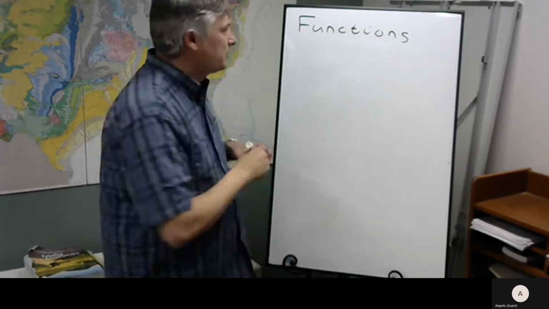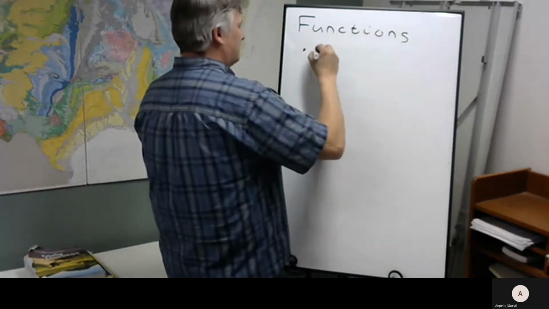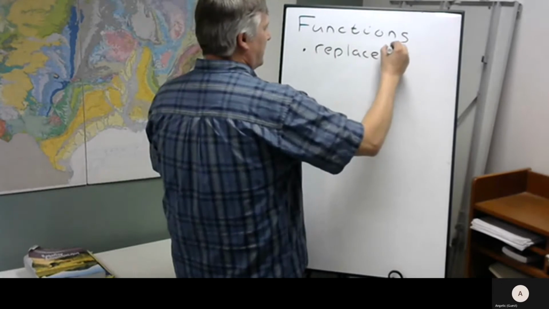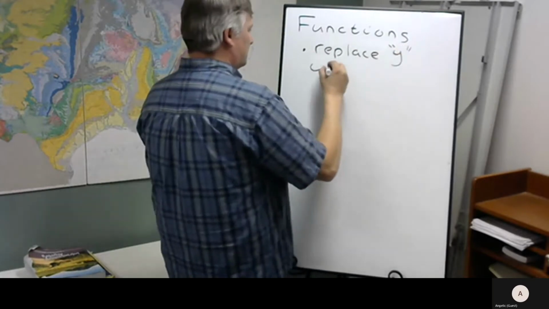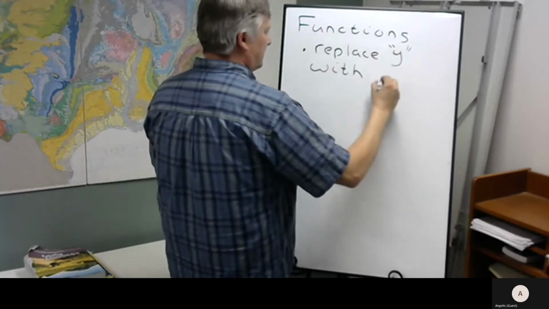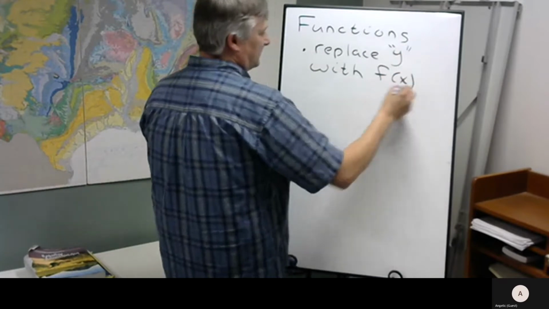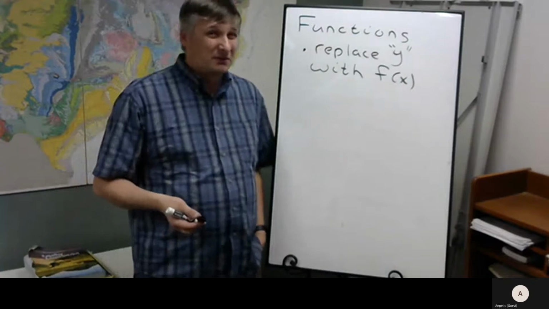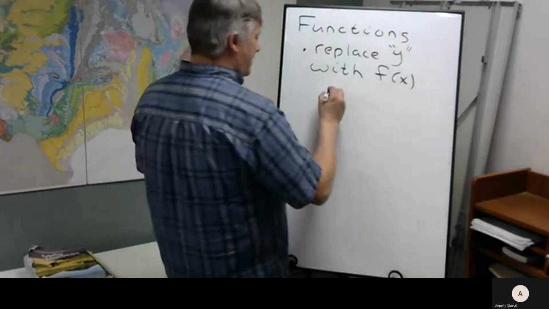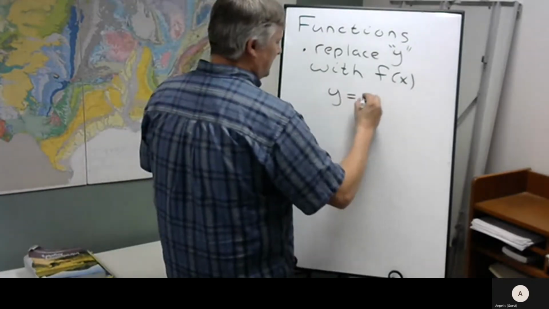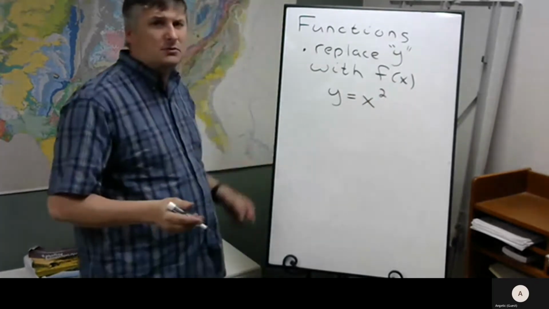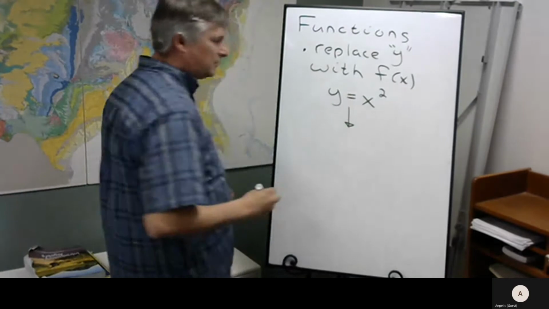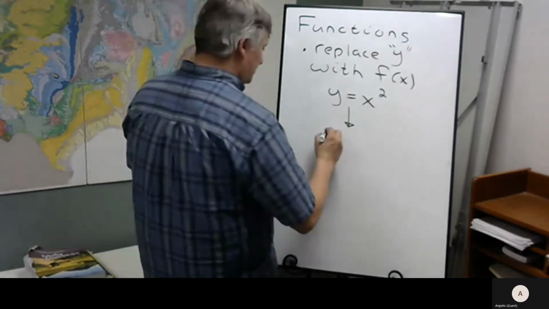And one thing that we do is we replace y with f of x. It's just sort of a formal thing. Well, not really formal. It has its uses, and you'll see the uses shortly. But as far as computations go, you're going to do exactly the same thing.